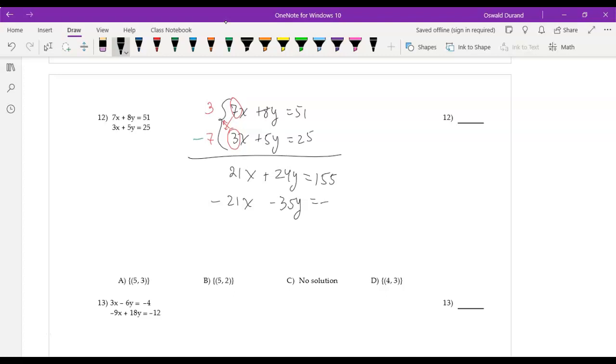That's negative 175. So this cancels out, and then here I have 24 minus 35, that's negative 11y, equal to negative 20.